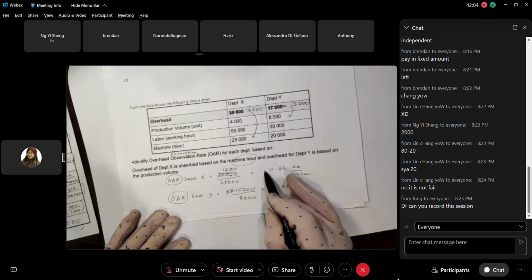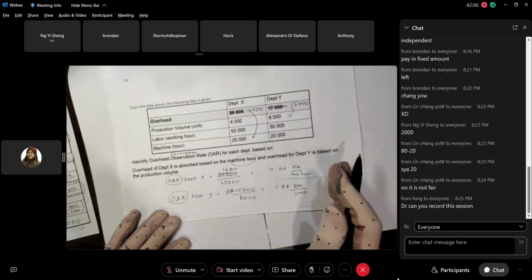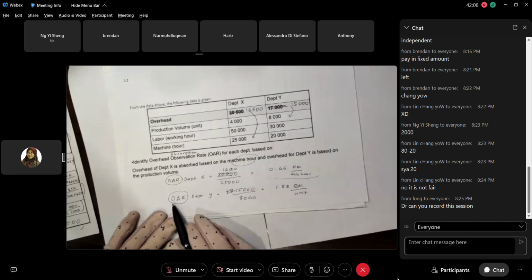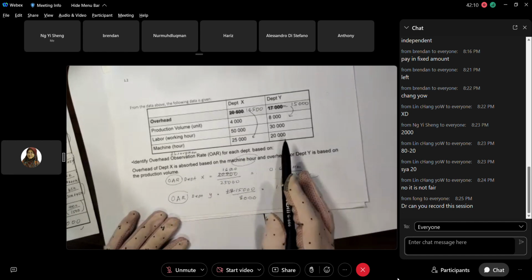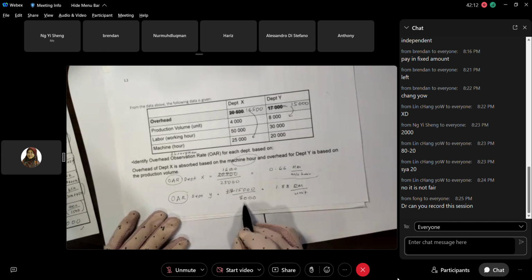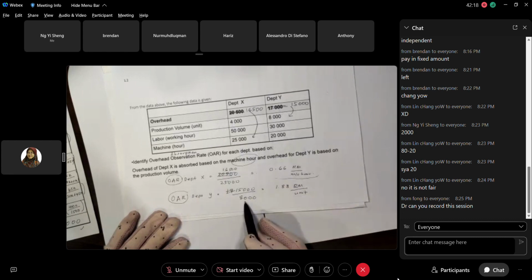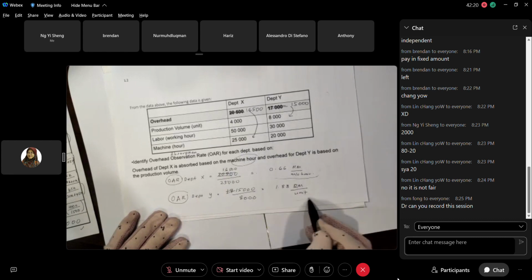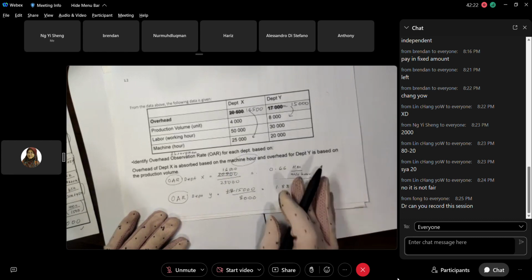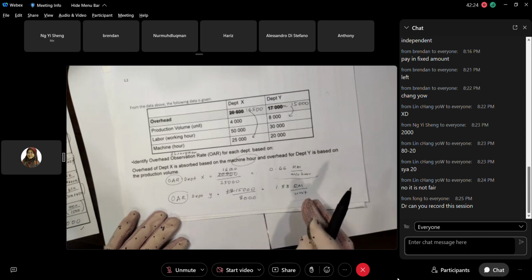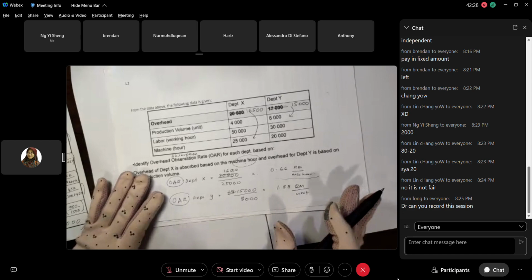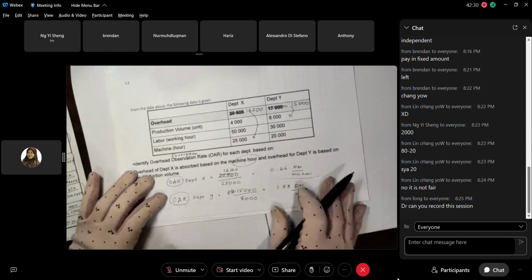For department Y, 15,000 divided by the production volume, which is 8,000. This is how to calculate the OAR. It is not yet absorbed to the product, but this is how to calculate.